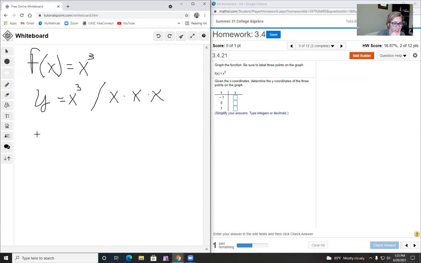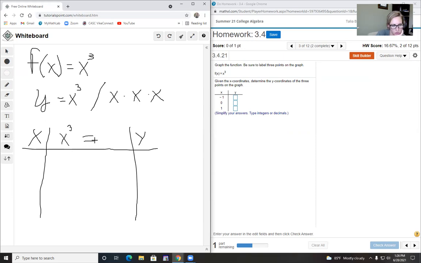There is a trick to this one. Go ahead and put y over here. So x cubed, and they gave us negative 1, 0, and 1.